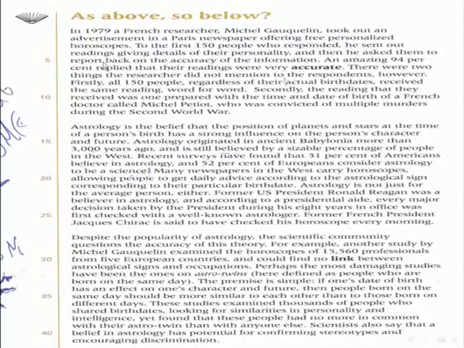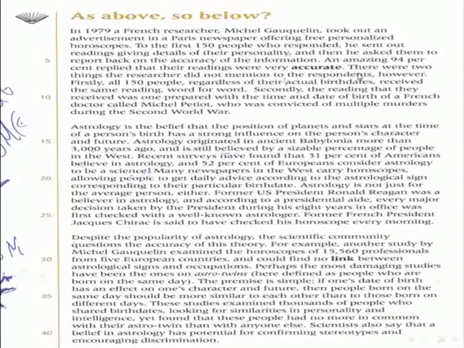He sent out readings giving details of their personality, and then he asked them to report back on the accuracy of the information. An amazing 94% replied that their readings were very accurate.